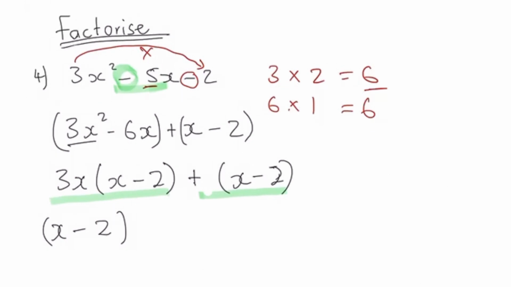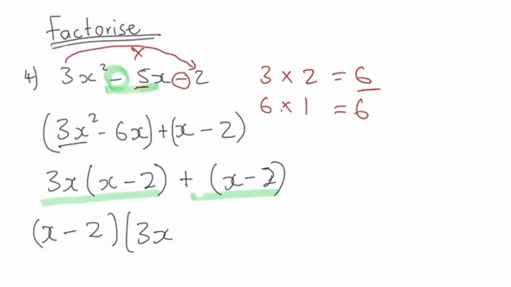Then you say the first one divided by this one, you get 3x because they cancel out. Then the second one divided by this again is just positive 1. Positive 1 into x minus 2 divided by x minus 2, you will just get positive 1. It goes once in there. Hope it's clear. Now after getting to this position, you have reached your final answer. You are done answering the question.